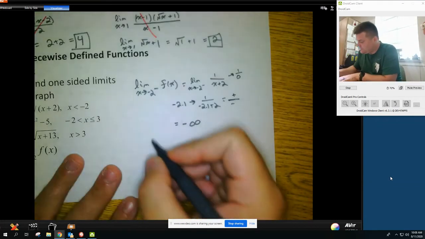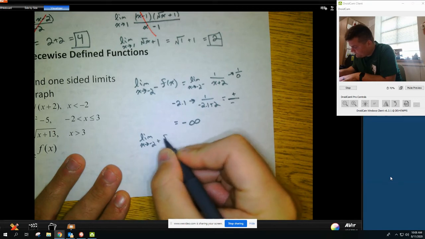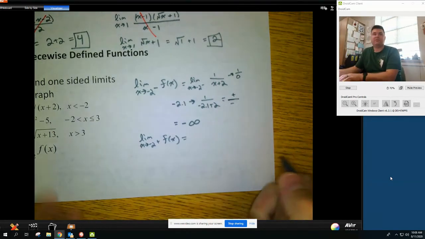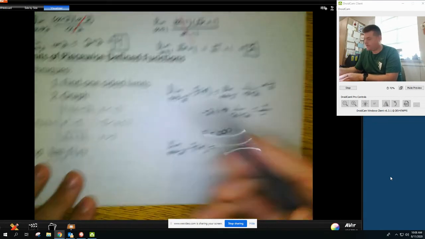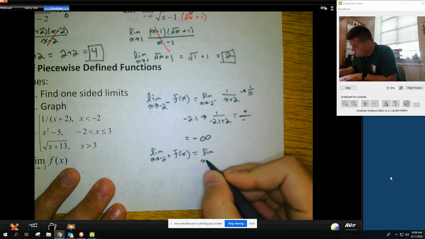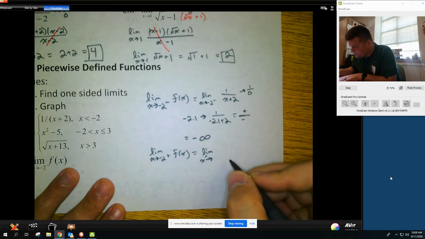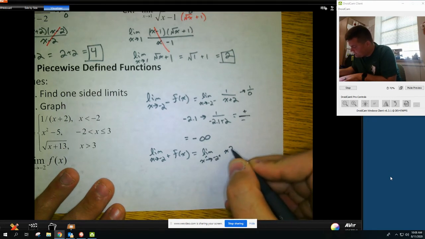Now I have to do the right side. And if you look on our handy-dandy piecewise function here, it's going to be this middle guy right here. So this is going to be the limit as x approaches -2 from the right of x squared minus 5.